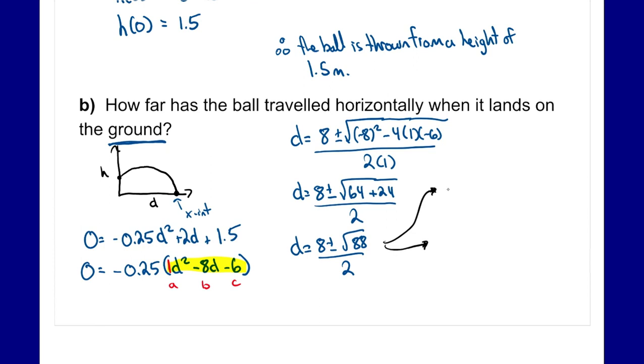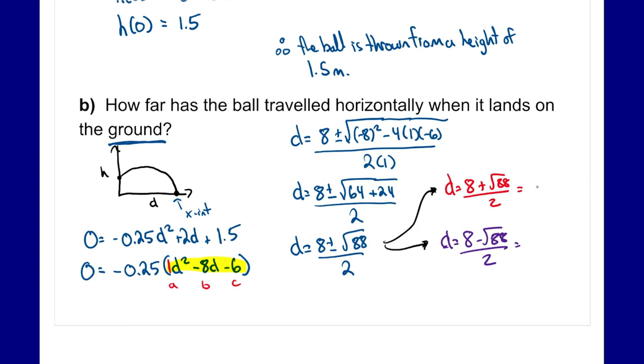So d is equal to 8 plus root 88 divided by 2, and d is equal to 8 minus root 88 divided by 2. I get two possible answers.